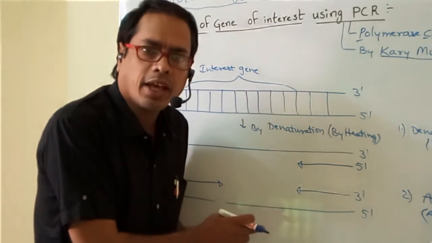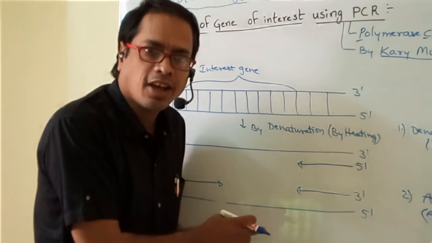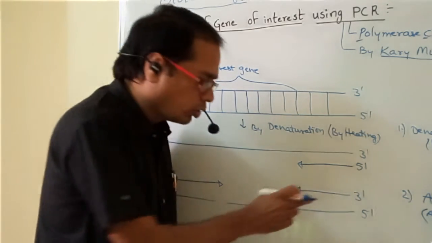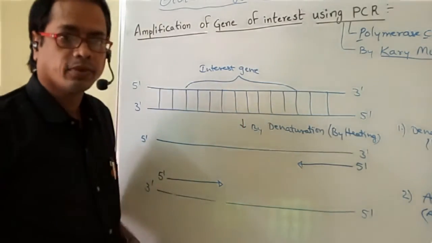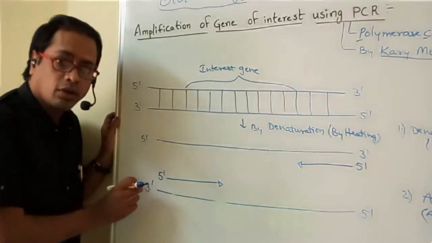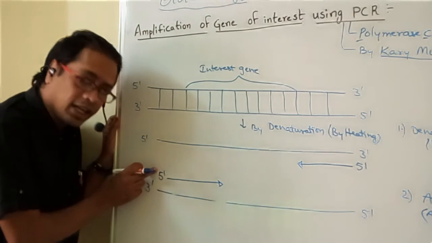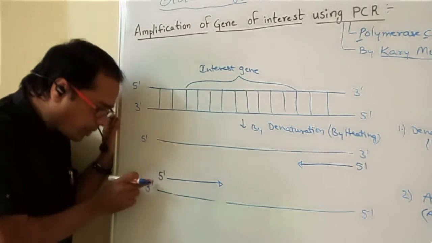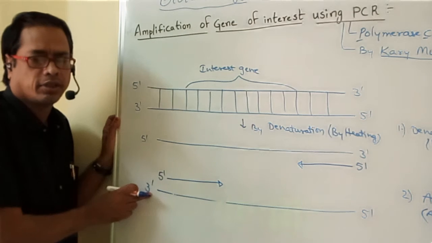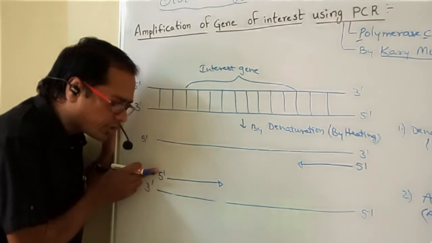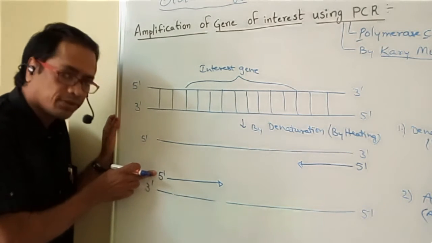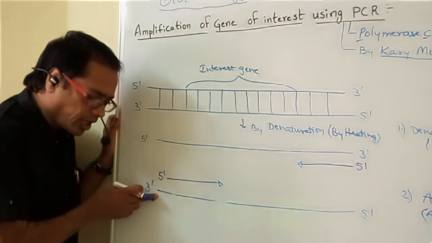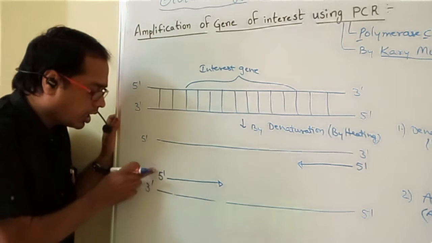But the primer must be extended in the direction of 5 to 3. Don't say 3 to 5, that is not correct. So we have to attach the primer at the 3' to 5' parental strand, so the new DNA strand is synthesized in the direction of 5 to 3. If you attach it here, this is the 5 end, this is the 3 end, with complementarity and antiparallel polarity.